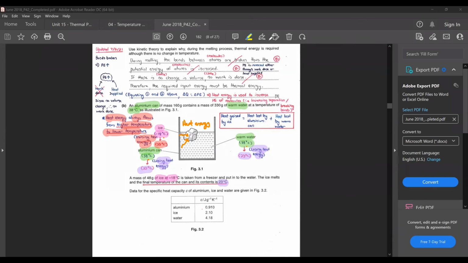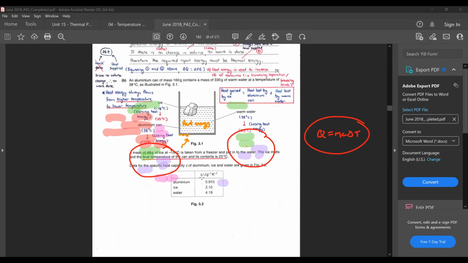So the question is asking you, what was the heat energy lost by the warm water and aluminum can? Okay, so you see for both these cases, you can actually just use the general equation. Q is mc delta T. You know the temperature change, you know the specific heat capacity, and you also know the mass of both of these objects.